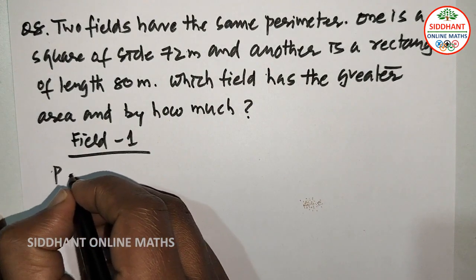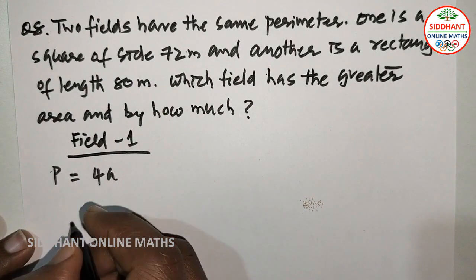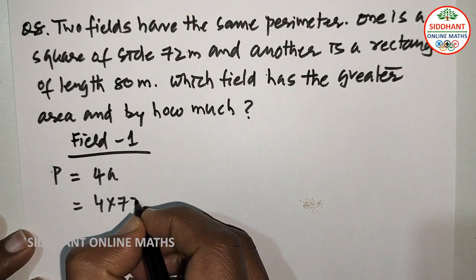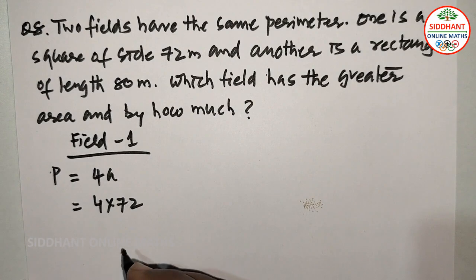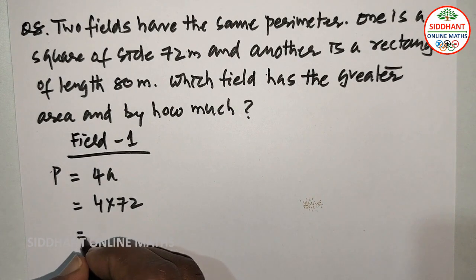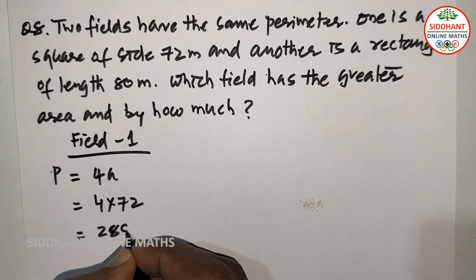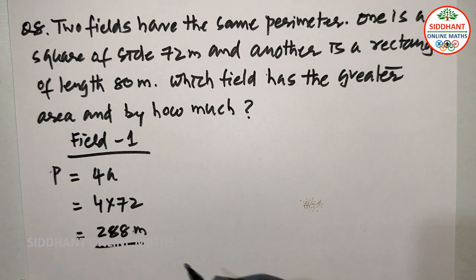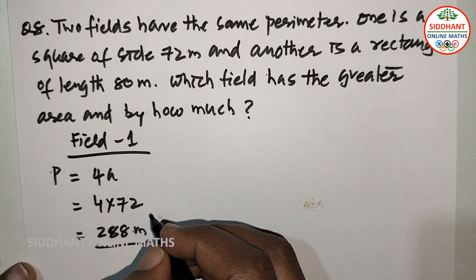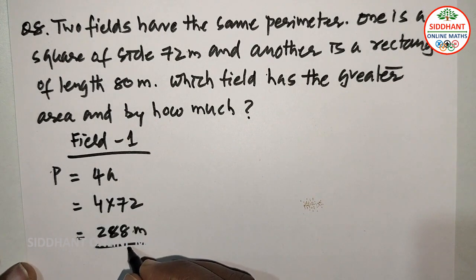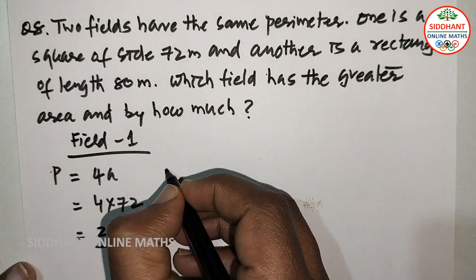So perimeter of a square is 4a, and one side is 72 meters, that is 4 into 72, so that will be 288 meters. So the perimeter of one field is 288 meters, and we are going to find out the area here.